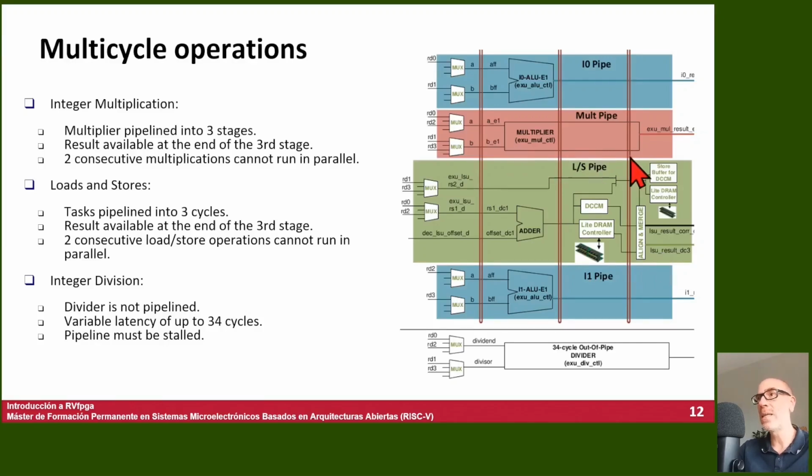Multiplication is also pipelined in 3 stages, while division isn't pipelined and may take up to 34 cycles. In this case, the pipeline completely halts until the division result is obtained.